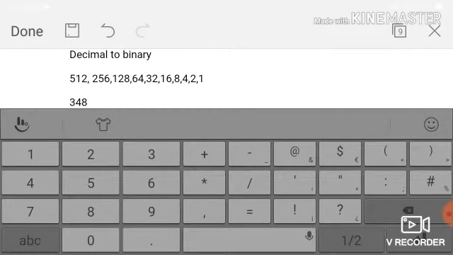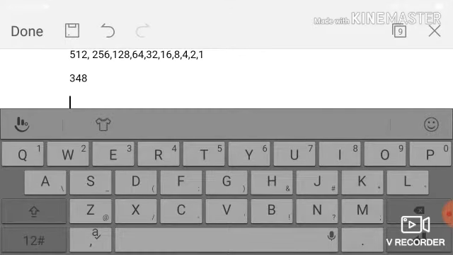So base 10, we're going to convert it to binary. We're going to find the smallest amount, or the largest value less than 348.